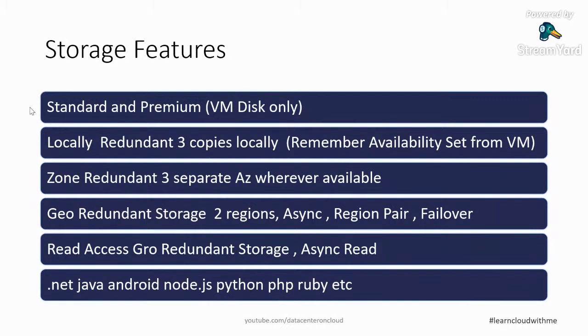And in the storage account, they now provide different kinds of storage, standard and premium. Premium only supports VM disks, again SSD, the super fast or Ultra, something new coming into the picture on the platform. So the premium SKU only supports VM disks.